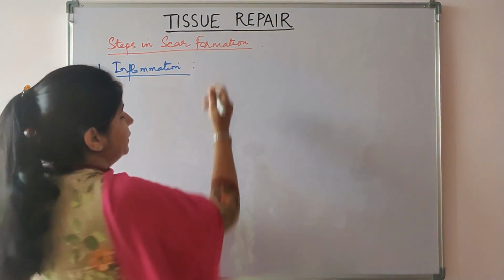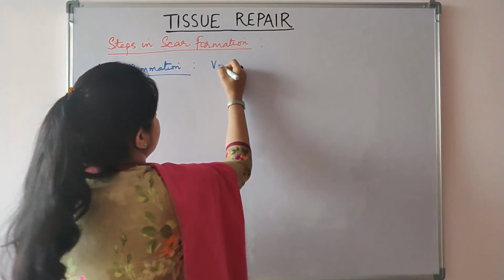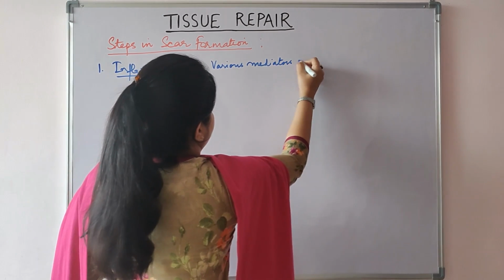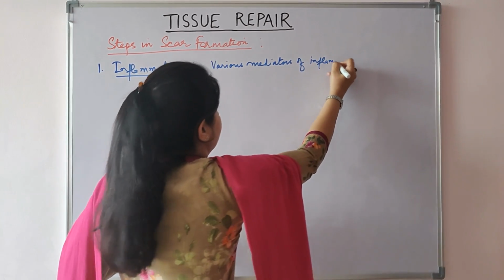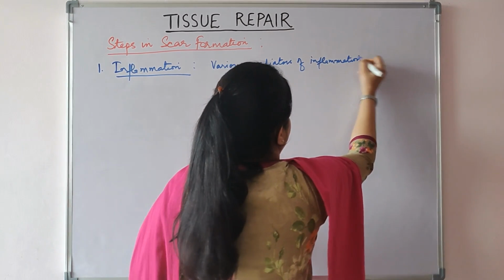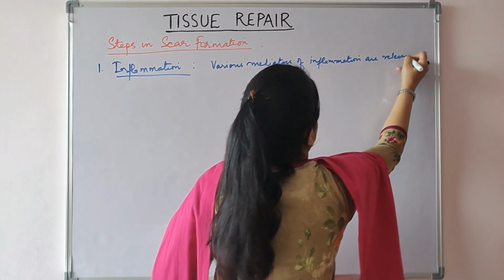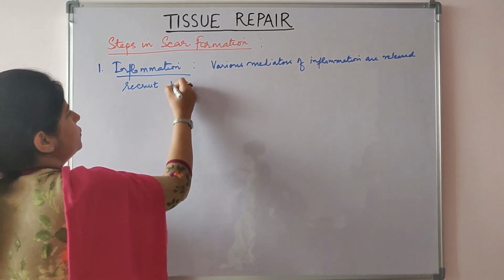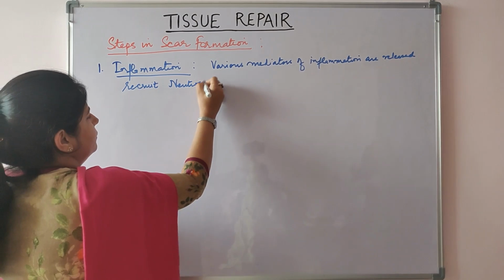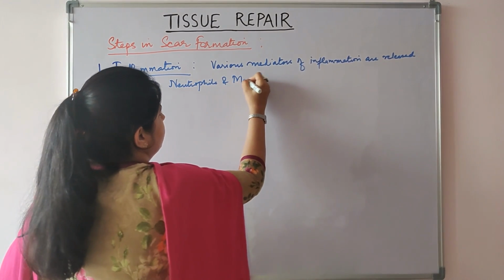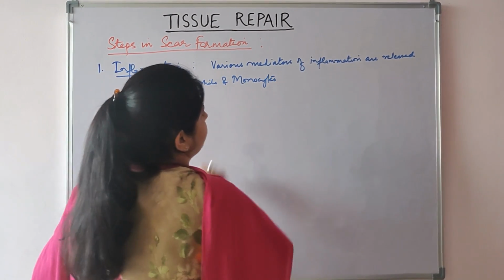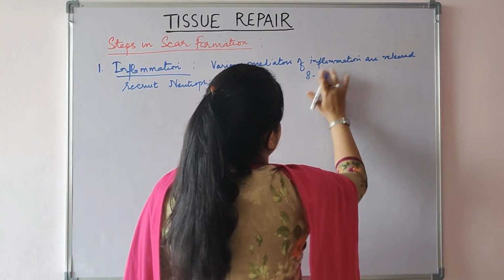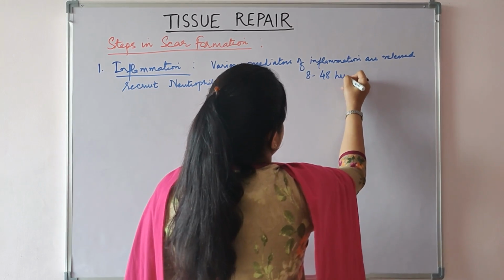At the site of injury, various mediators of inflammation are released, and these recruit neutrophils and monocytes over the next 8 to 48 hours.